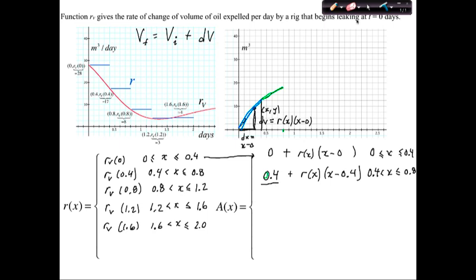You see? So what do we need? We truly need V initial. So how do we represent V initial? So if X initial is 0.4, then what's V initial, right? What's V initial?